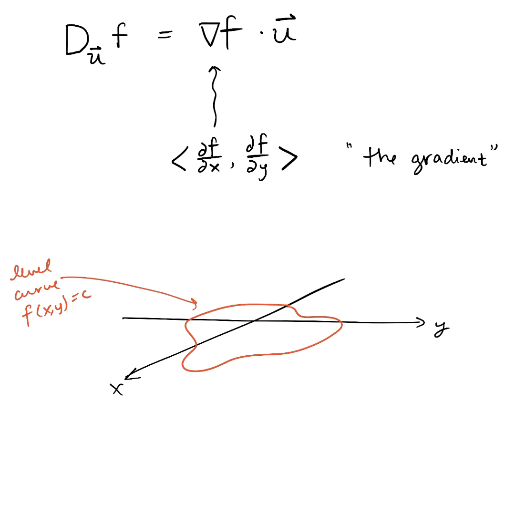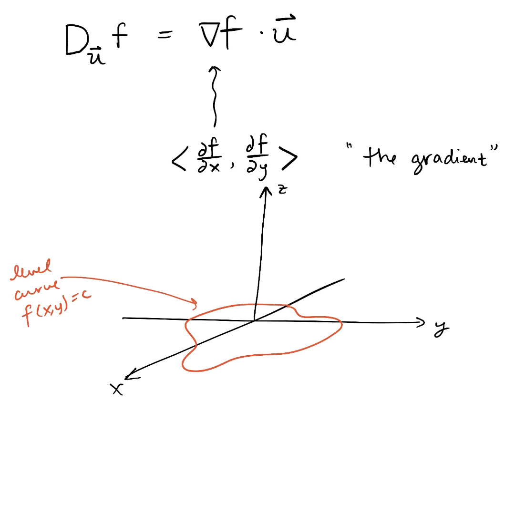So if you were to imagine plugging those inputs into your function f, they would all produce the same z value.